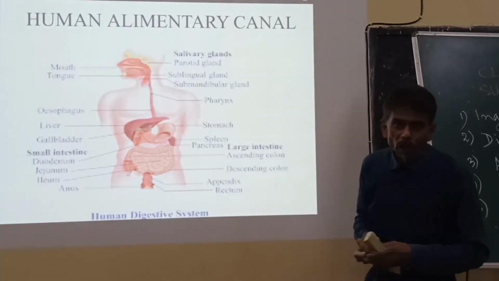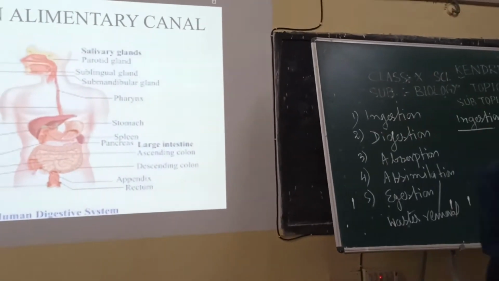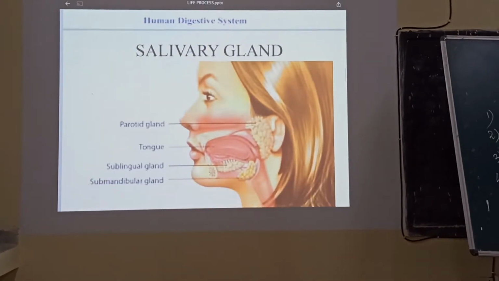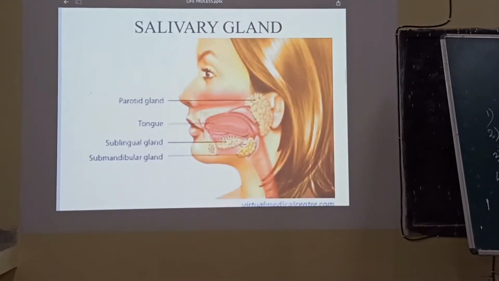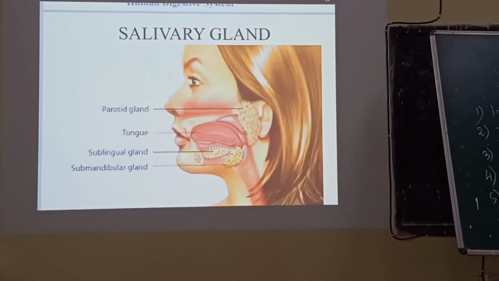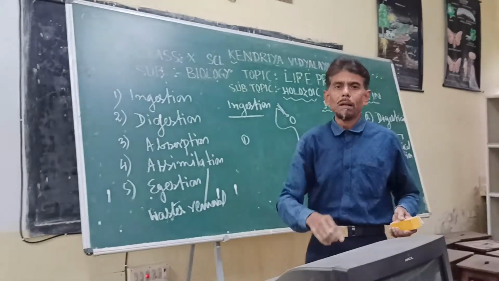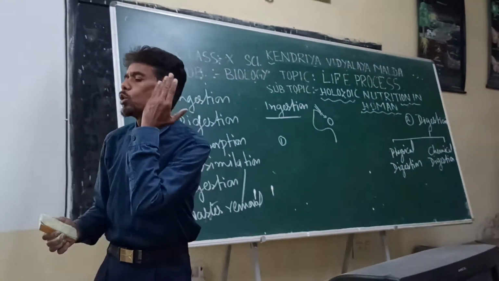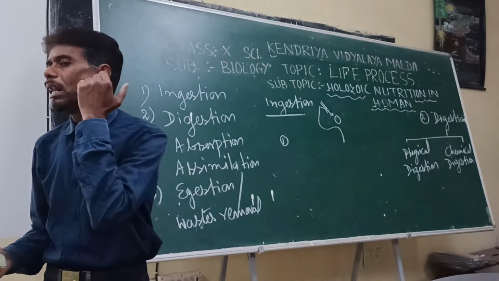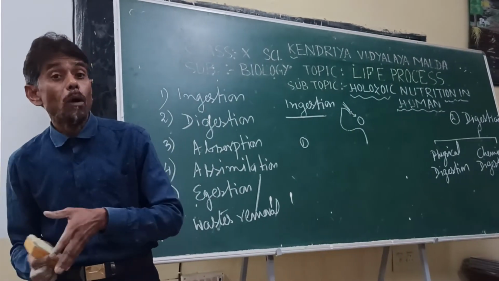Now, as I was talking to you about the salivary glands, I will take up a clipping of the salivary glands. You see here this salivary gland. I told you there are 3 pairs of salivary glands, 3 in number towards the left side and 3 towards the right side. What are those?